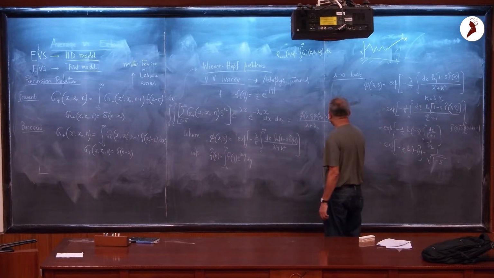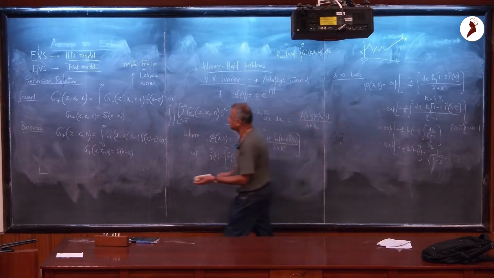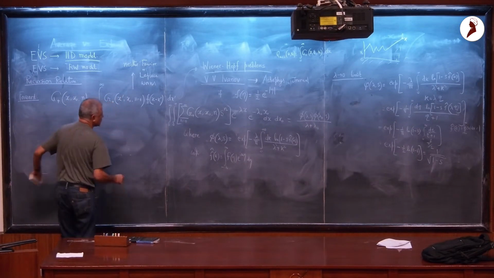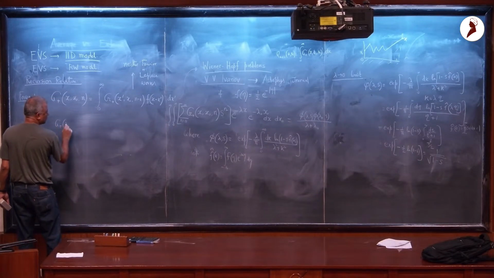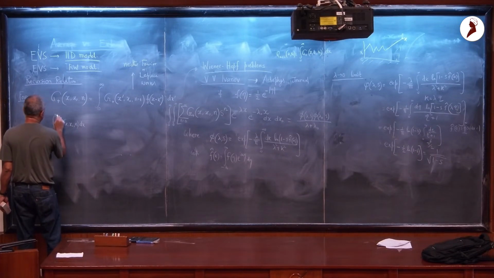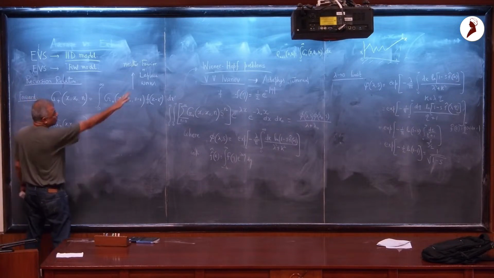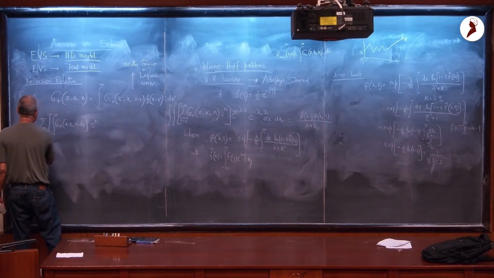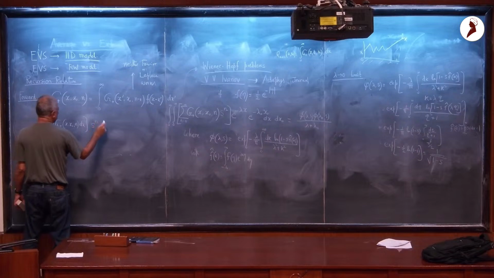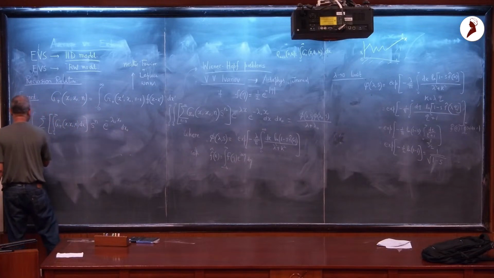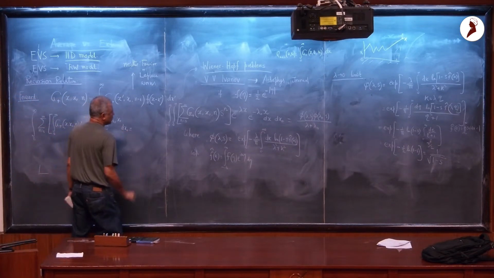So what you have is G plus of, maybe I should do it on the other side. And remember, this is the object we want. So lambda goes to 0 limit.